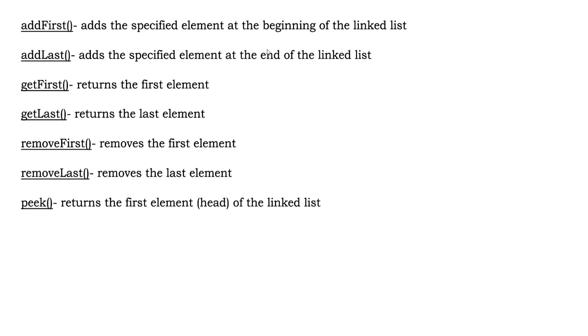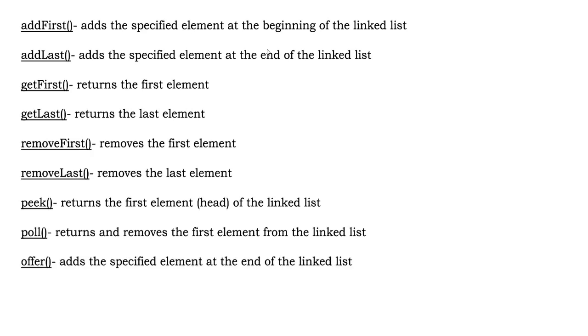The first element, whatever is present, right? That is called the head. Poll. Returns and removes the first element from the linked list. Offer. This adds the specified element at the end of the linked list. Okay. So these are the methods that we have.